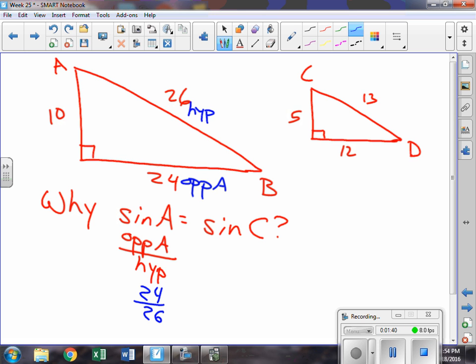Looking at the next triangle, the sine of C came from opposite of C over hypotenuse. We noted 12 is the opposite of C, 13 is the hypotenuse. So we had 12 over 13.